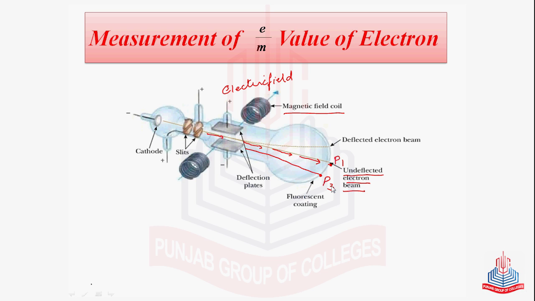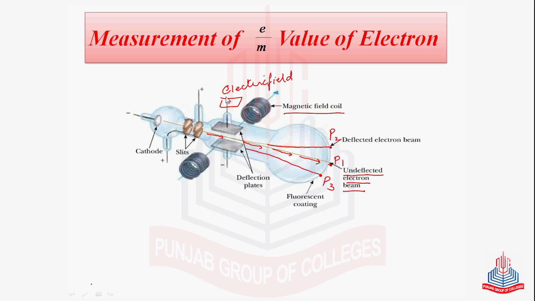Similarly, when the electric field was applied, in the presence of the electric field, the cathode rays produced a spot at point P2. हम ये देख सकते हैं कि cathode rays positive plate की तरफ attract हुई हैं क्योंकि cathode rays are negatively charged.